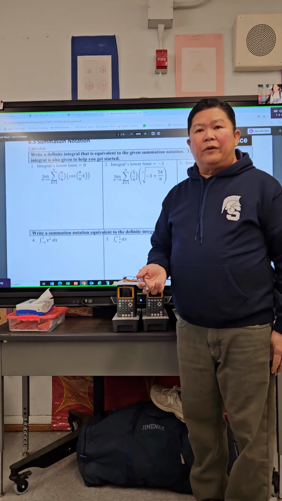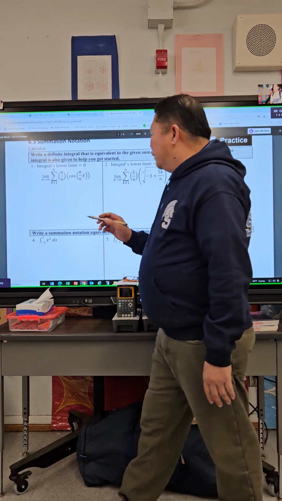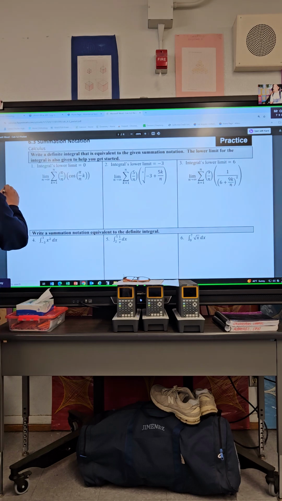So yesterday's formula for this one was the limit of the function as n approaching infinity. We're gonna have the summation from k equals 1 to n, and we have b minus a over n, right?